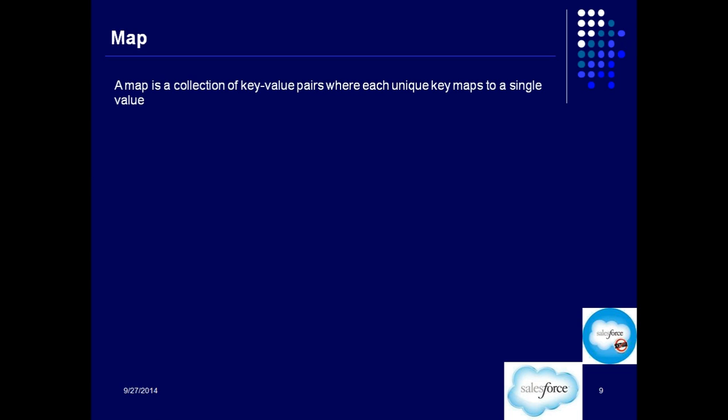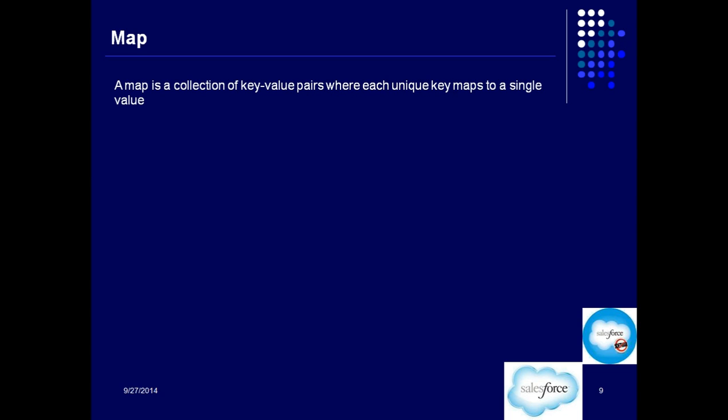For example, you have a list of countries and then you have a list of currencies, right? And you want to store a map so that wherever you are using the country, from that map you can fetch the value of the currency based on the country. So that can be an example of a map.